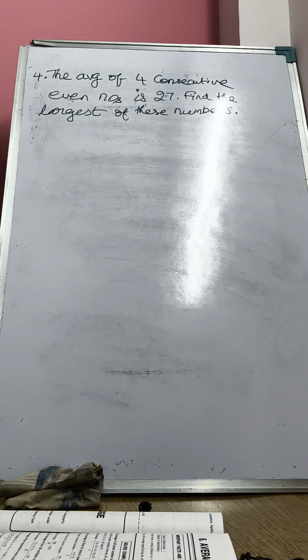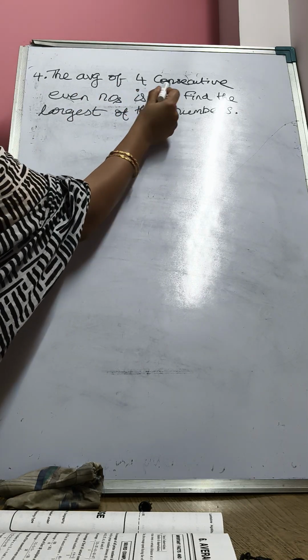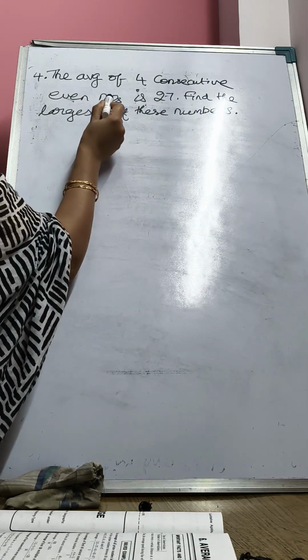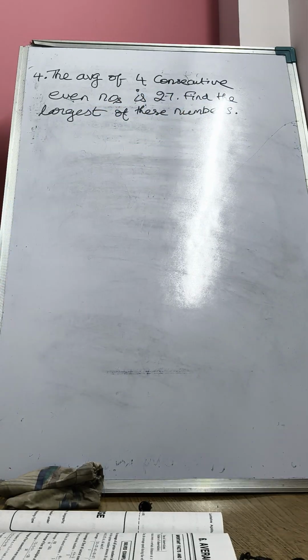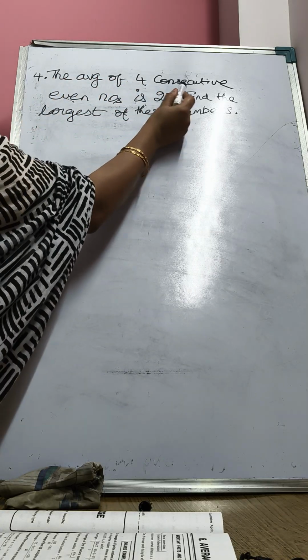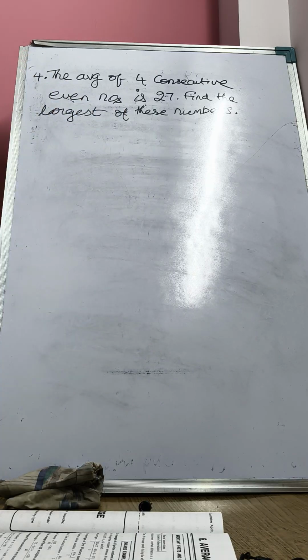See here, they have not given the numbers. Instead, they have told the average of 4 consecutive even numbers. You have to concentrate on what the question says: 4 consecutive even numbers. Okay. So we don't know what the number is.